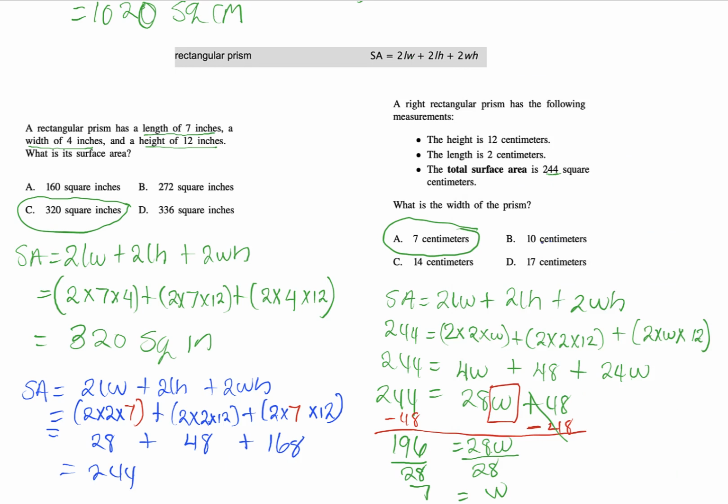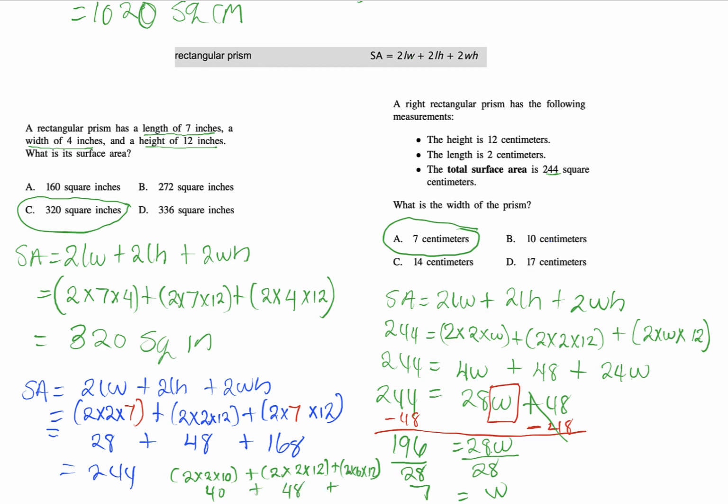If you use any other number than 7, you're not going to get your answer. Assuming that you use 10, so you have 2 times 2 times 10 plus 2 times 2 times 12 plus 2 times 10 times 12. So here this is 2 times 2 is 4 times 10, this is 40, plus this still is 48.